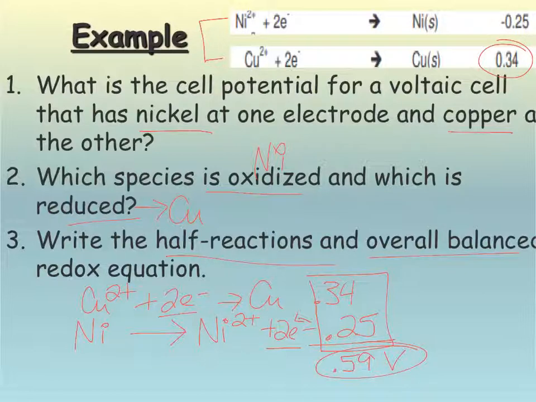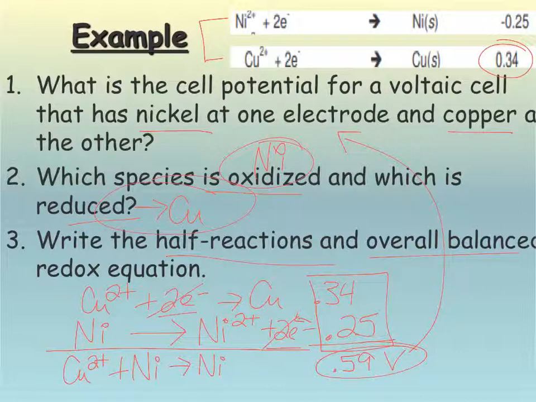So that is our cell potential. Nickel is our oxidized, copper is our reduced. Got our half reactions already written. And then to write the overall redox equation, we cancel our electrons and add up our species, and there is our overall redox equation.